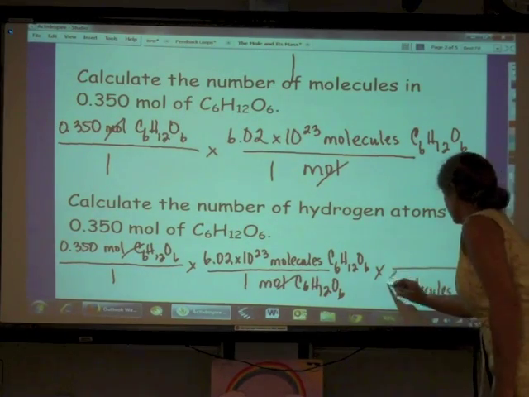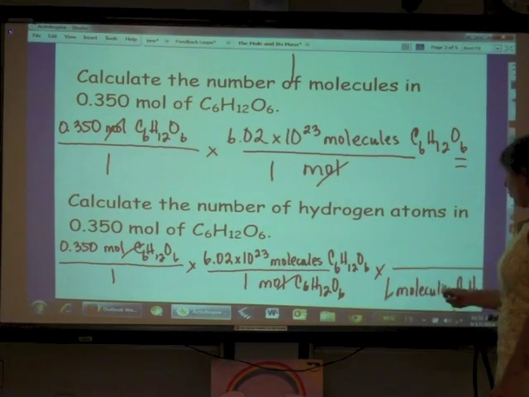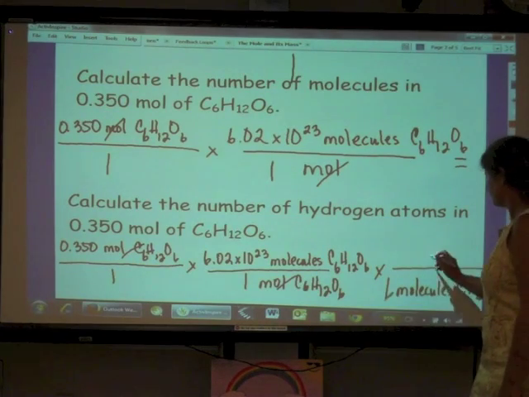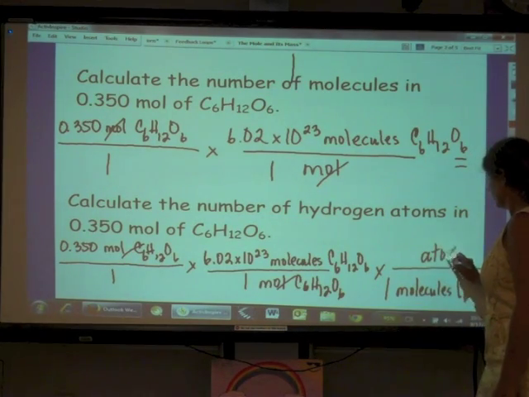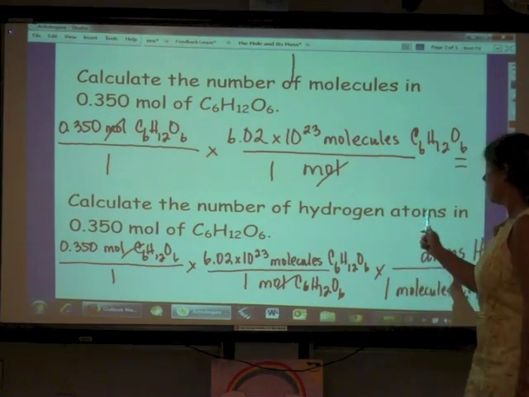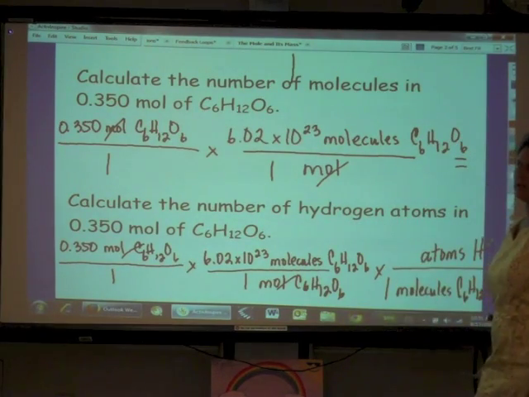Okay, for every 1 molecule of glucose, how many atoms of hydrogen are there? Because that's what we're looking for. Atoms of hydrogen.